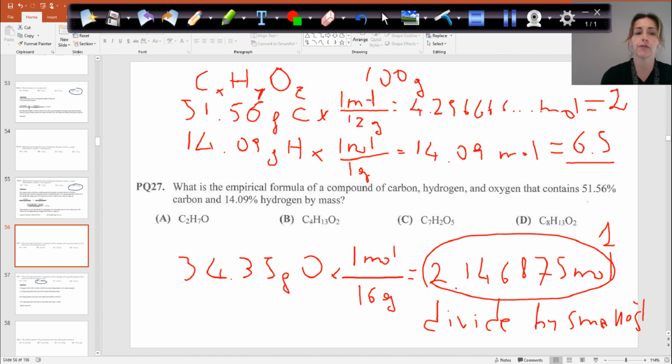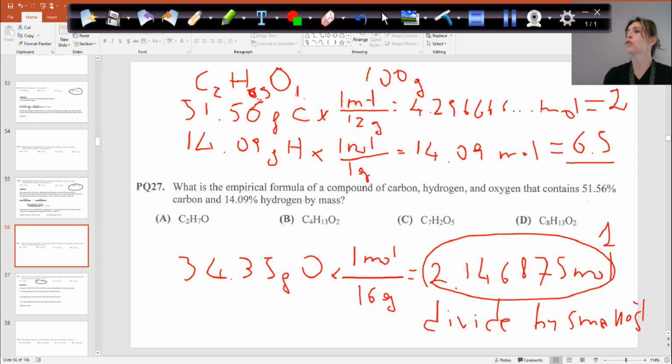Basically, what we found so far is, and let me see if I can do this. Let's do this and erase these. What we have found so far is 2 for carbon, 6.5 for hydrogen. Dude, this is not pretty. And for oxygen, we found 1.